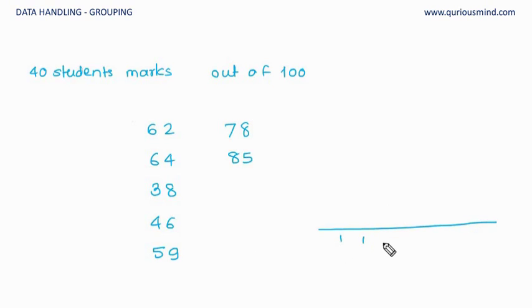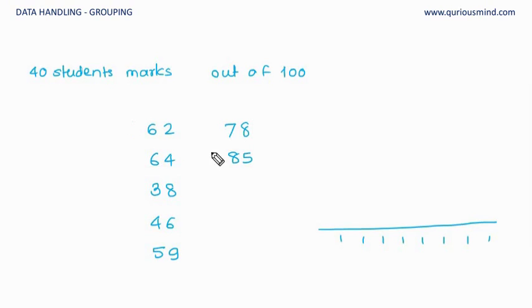Now that means I will have so many categories along the x-axis, and I would have to have those many bars if I have to draw a bar graph. Now this is certainly not useful and also not practical.